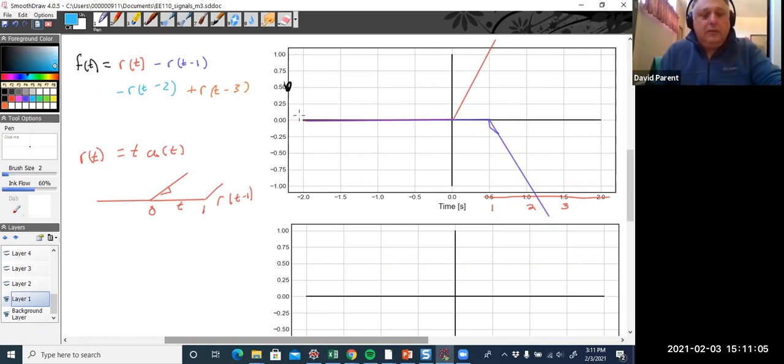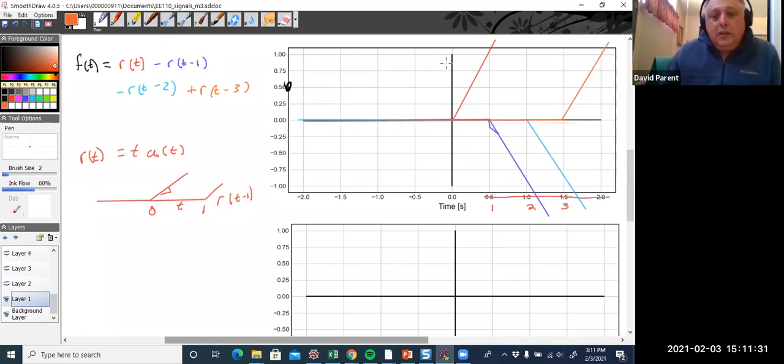And then we get the same kind of structure at 2. And then we get an upwards plot at 3.